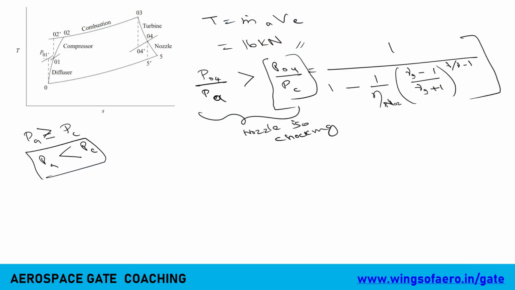Now let's get back over here to how to find out this nozzle choking. To find out whether the nozzle is choked, how can you find? This is the formula we have already discussed, P04 by PA. As in this problem, as I said yesterday, they have not given any parameter about the diffuser.